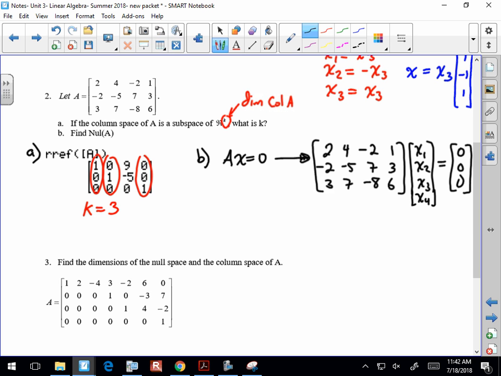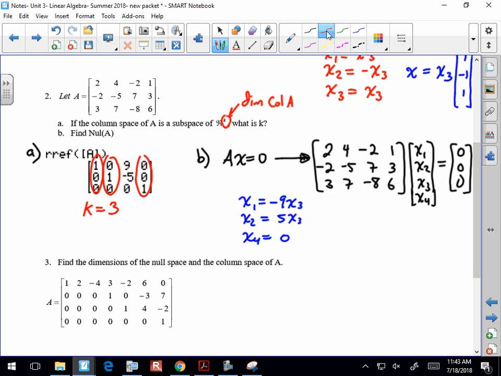which leads us to the reduced row echelon form, which then leads us to the conclusion that x1 would be equal to -9x3, x2 would be equal to 5x3, and then x4 would be equal to 0.